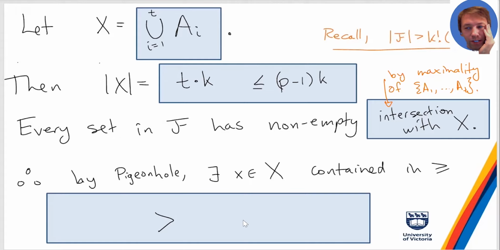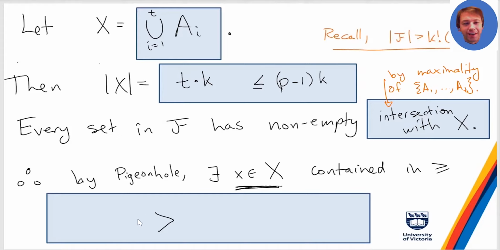So we can use the pigeonhole principle. I'm going to look at each small x in X, and I'm going to say how many sets in F contain x. Does anyone know what kind of bound I'm going to write here?